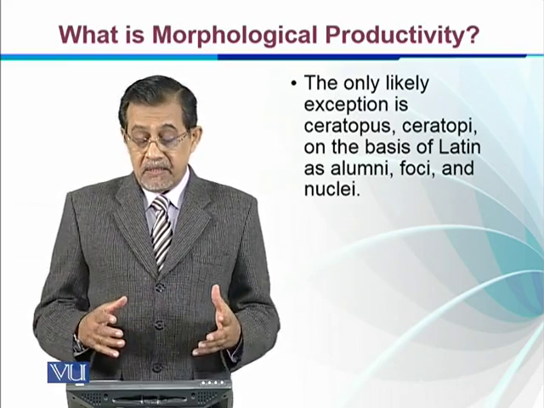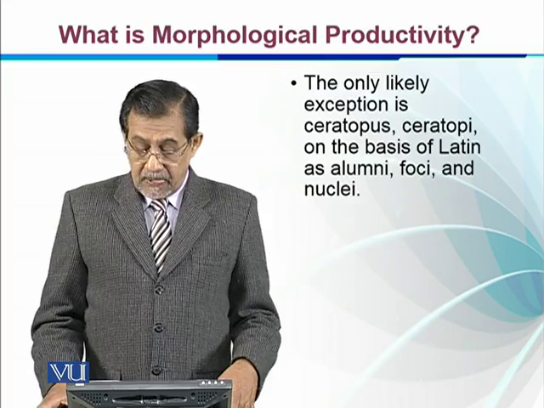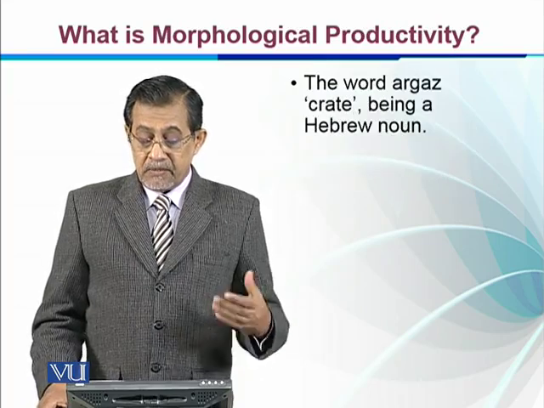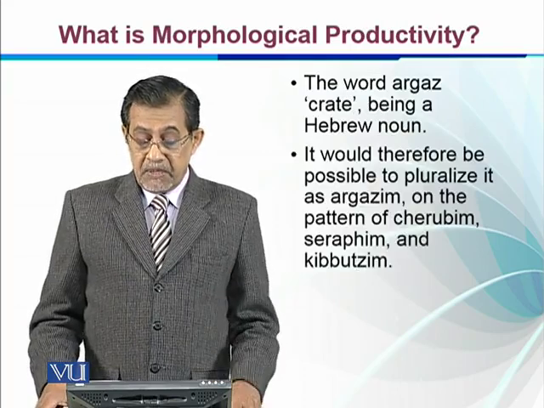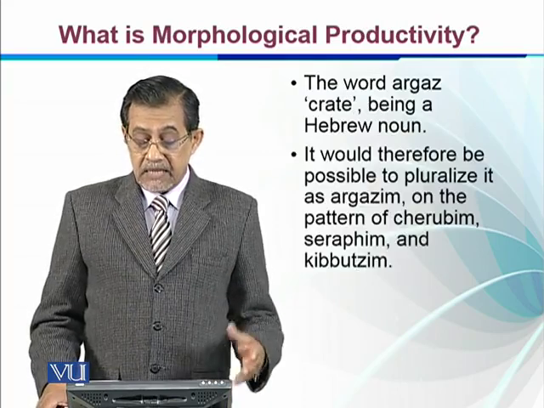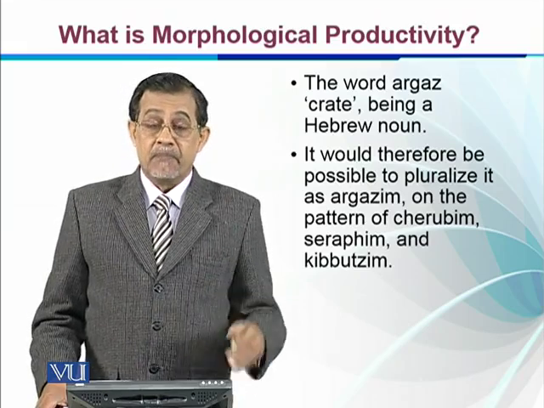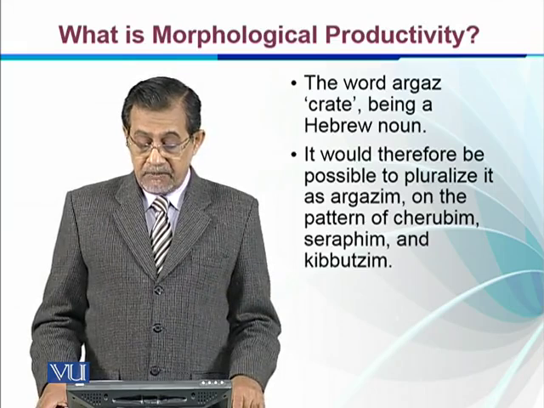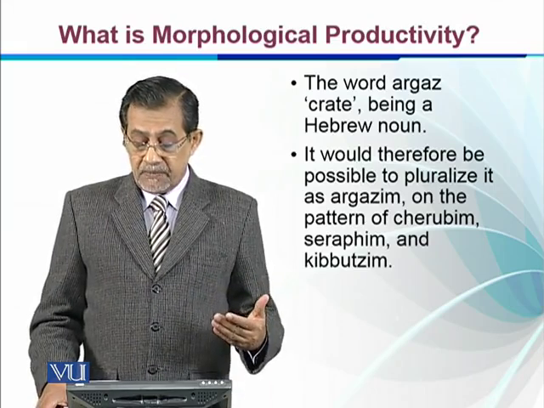alumni, or foci and nuclei. The word argazes, being a Hebrew noun, it would therefore be possible to pluralize it as argazim, because we add im in Hebrew nouns on the pattern of cherubim, seraphim, and so on.